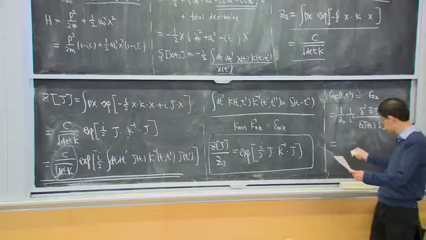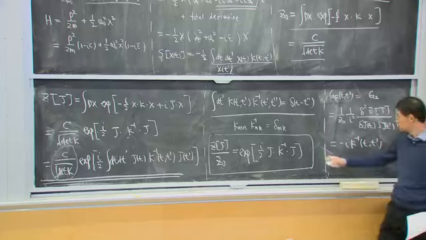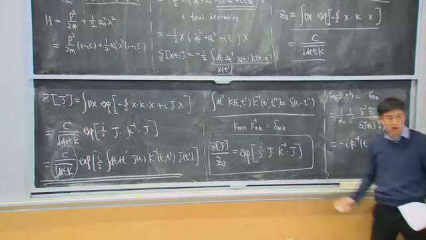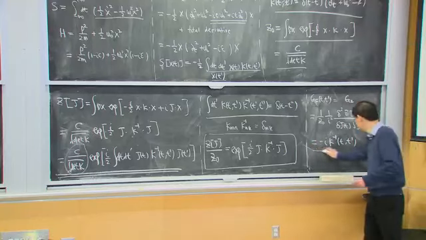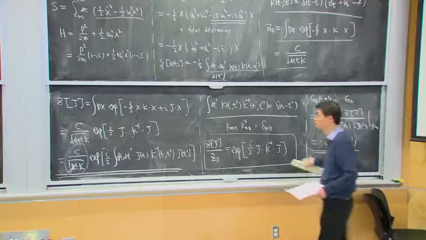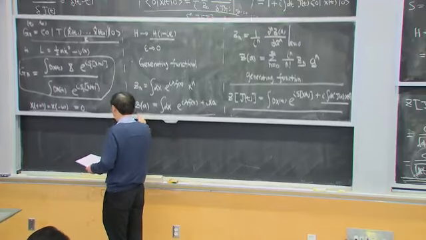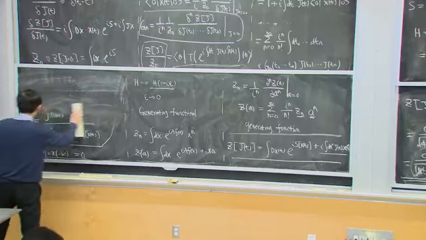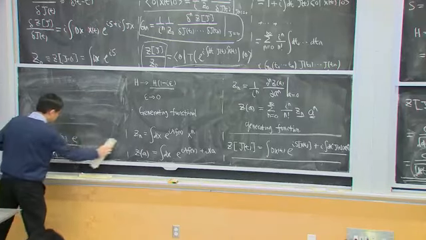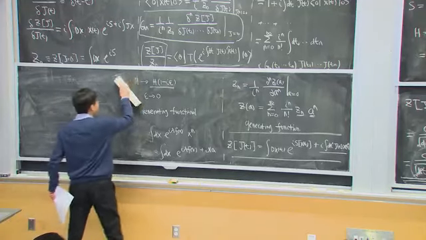Then you get minus i, essentially K inverse(t, t prime). So we learned something nice: this K inverse is actually the Feynman function we discussed before, the harmonic oscillator version of the Feynman function. Previously we defined it for the field theory.